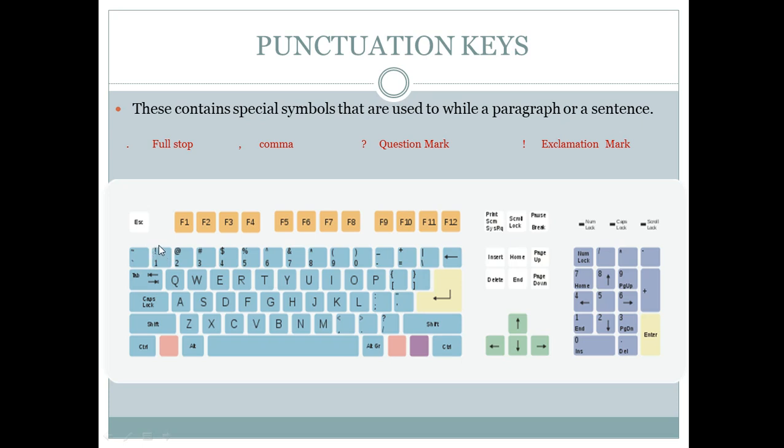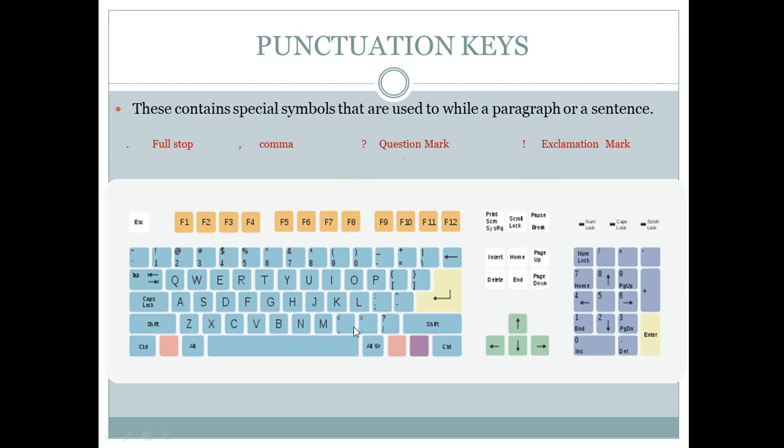Because it contains a punctuation symbol, that is the exclamation mark. So as per the symbol available on the key, we can name the keys. So all these are examples of punctuation marks, and wherever these symbols are present, those are punctuation keys.